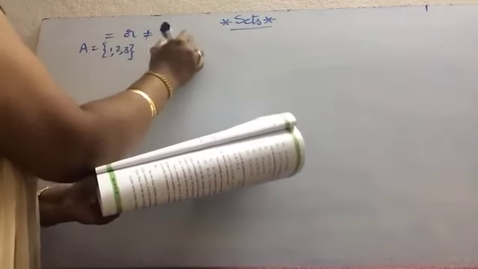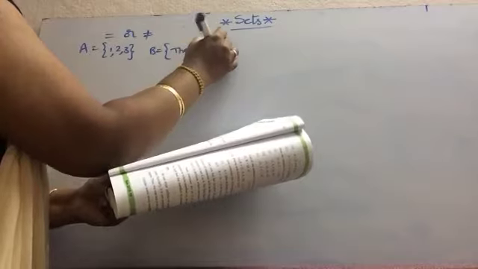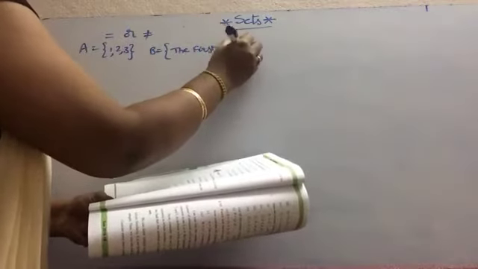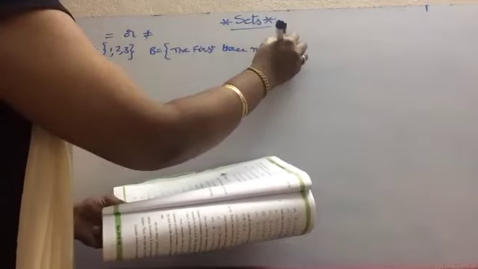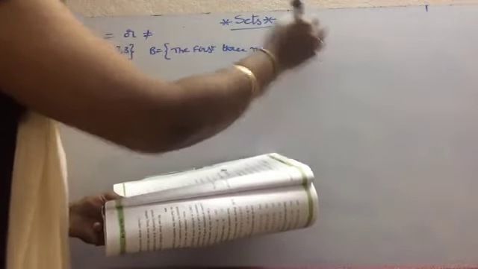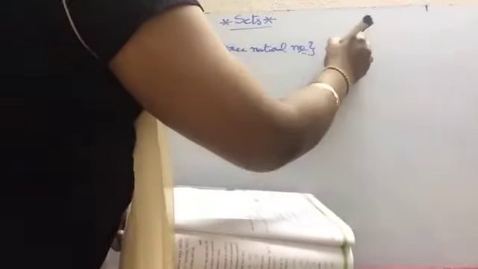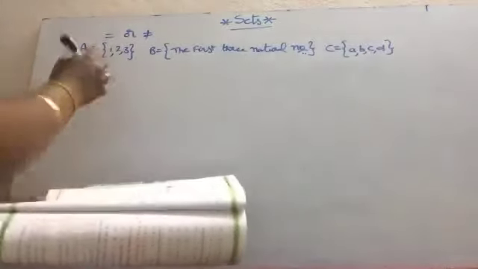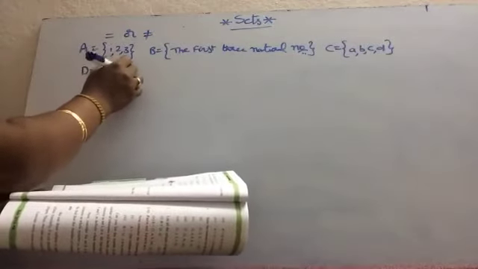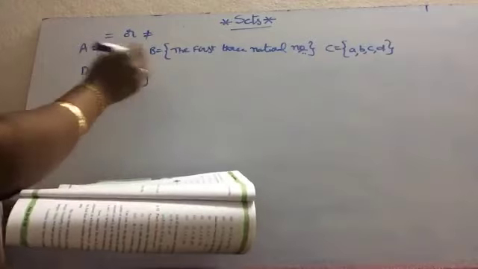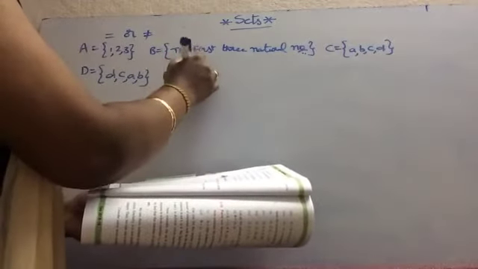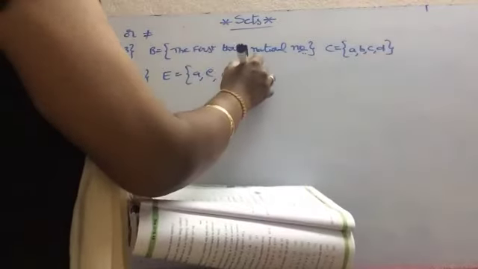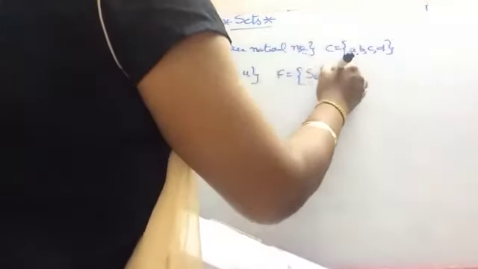B equal to the first three natural numbers. C equal to {A, B, C, D}. D equal to {D, C, A, B}. E equal to {A, E, I, O, U}. F equal to the set of vowels in the English alphabet.